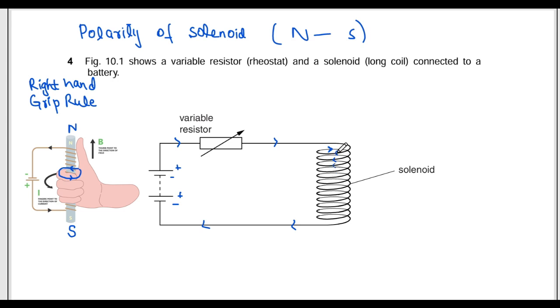Okay, so if we clearly see this pattern and we just curl the fingers of our right hand in the direction of current, wherever our thumb points will be our north pole. In this solenoid, we can see clearly that our fingers should curl inward as the current is flowing inward.